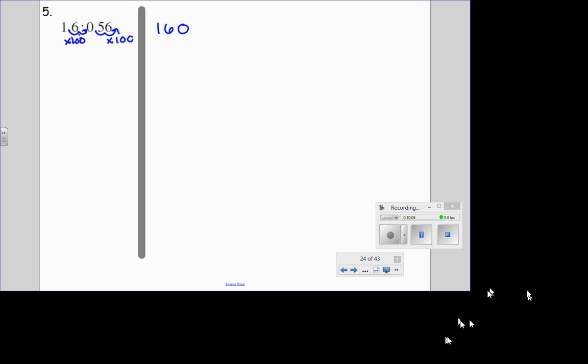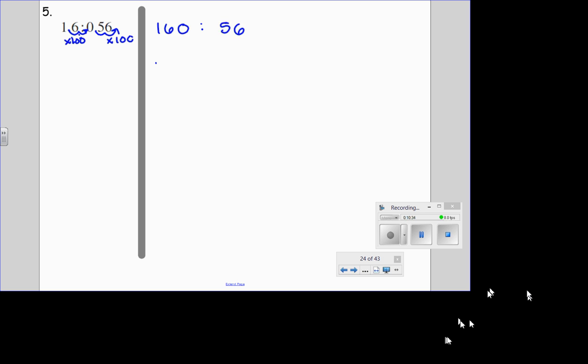I had to add a 0 in because to move to the right, I had another space there. In ratio with 56. So now it's a lot clearer to see that 1.6 compared to 0.56 is really like saying 160 to 56, which almost is about a third, right? It's about a 3-to-1 ratio. So you have a much better understanding of what we're talking about than when we had decimals.